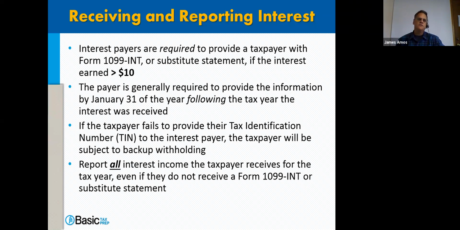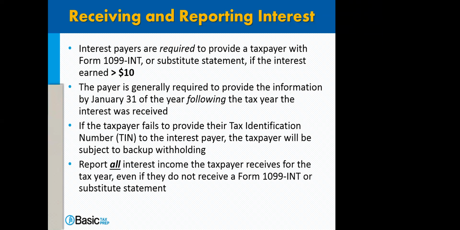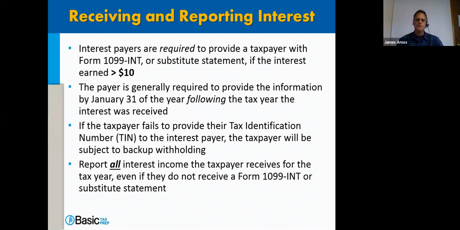Are you still supposed to include any interest you earned? Of course. Yes. All interest should be included, whether it's reported to you or not, but they are required by law to report it on a 1099-INT or similar statement if it's more than $10. They're required to make that report by January 31st.